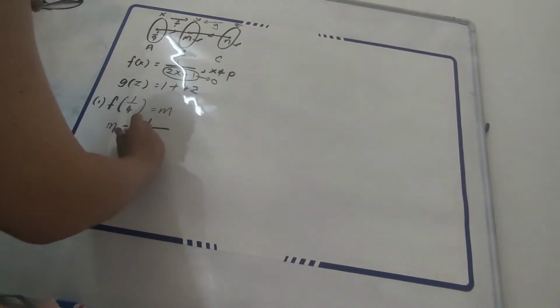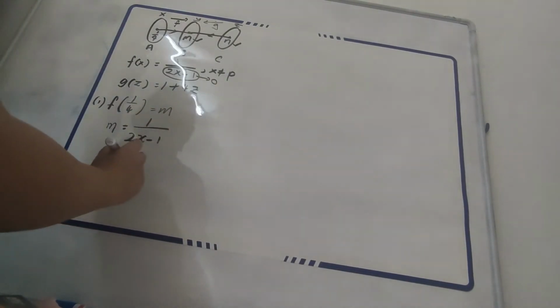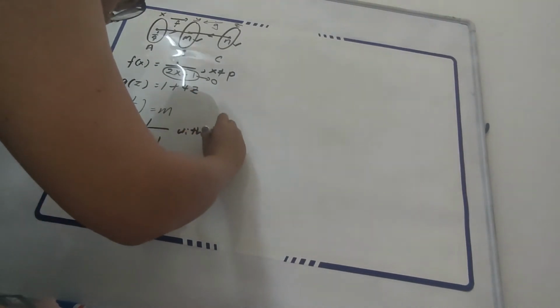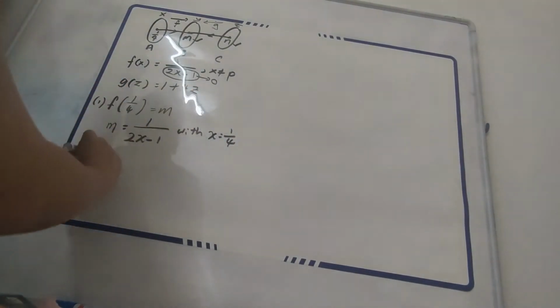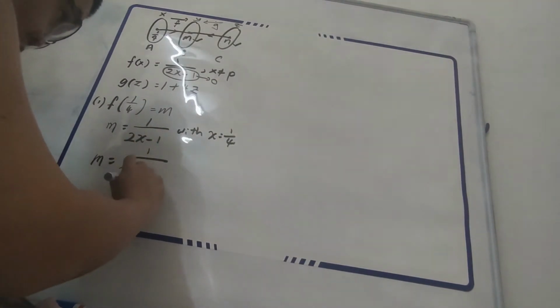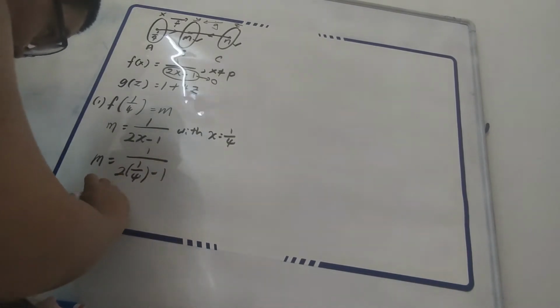1 over (2x minus 1) with x equal to 1 over 4. So you just substitute inside. m is equal to 1 over (2 times 1 over 4 minus 1).